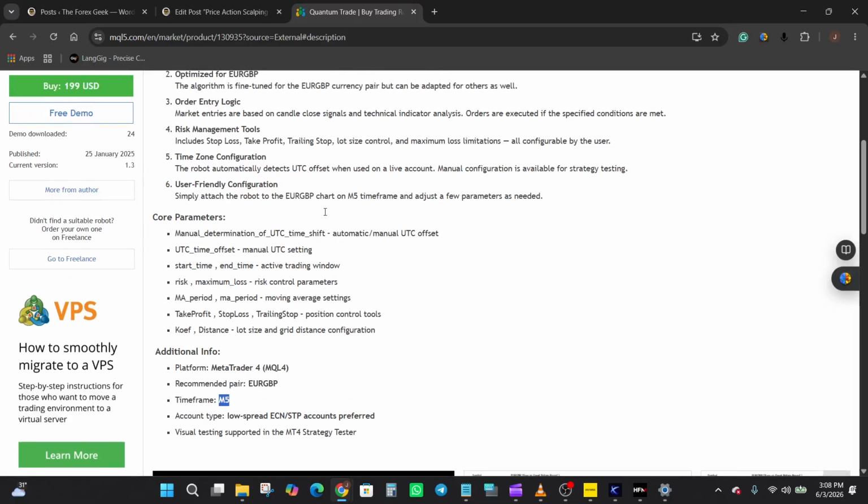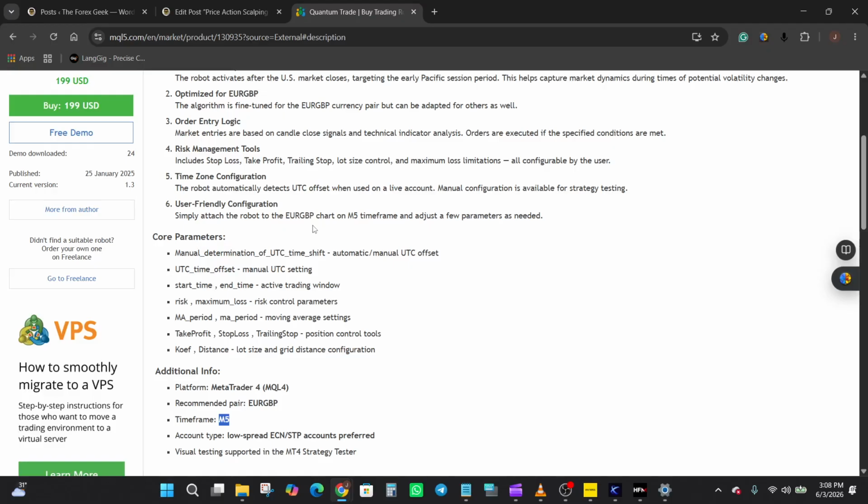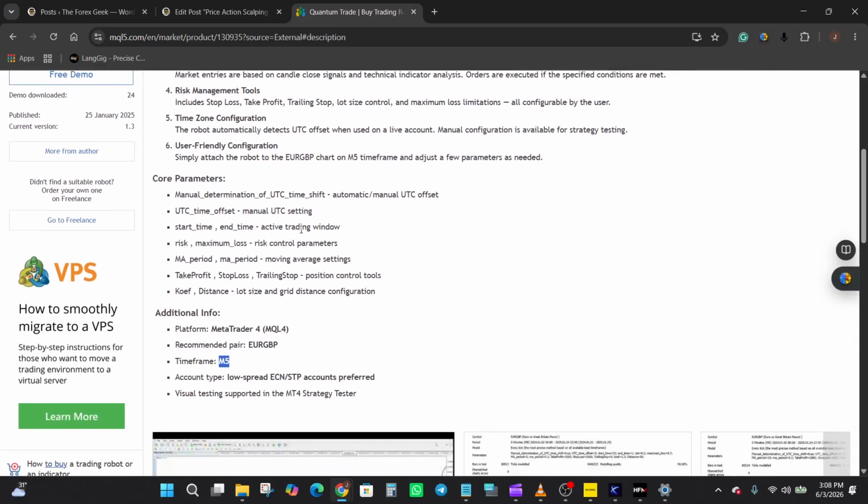Now on the risk side, there are tools like stop loss, take profit, trailing stop, lot size control, and maximum loss limits. I also see time zone settings, which means the EA can adjust based on server time or manual configuration, especially useful for backtesting accuracy.